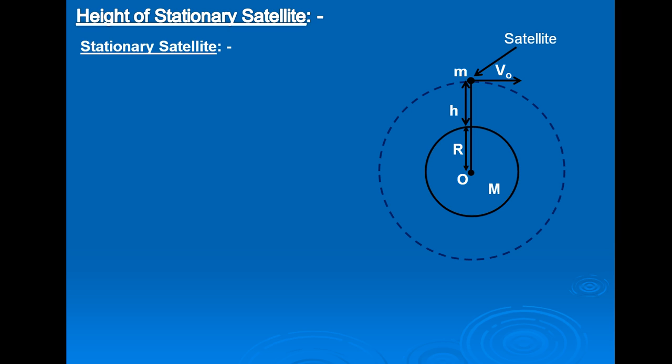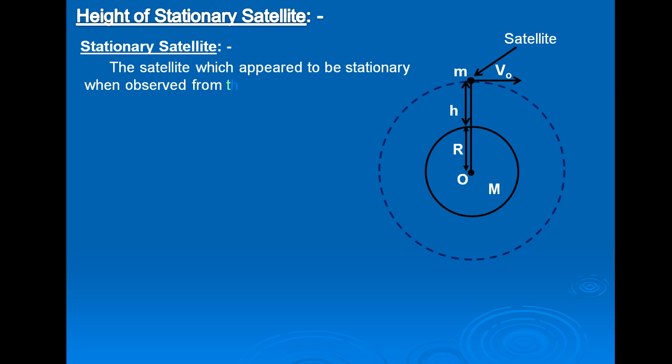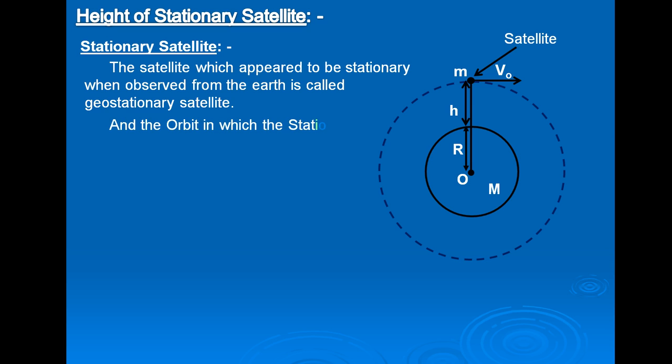First, stationary satellite: the satellite which appears to be stationary when observed from the Earth is called a geostationary satellite, and the orbit in which the stationary satellite revolves is called stationary orbit or parking orbit.